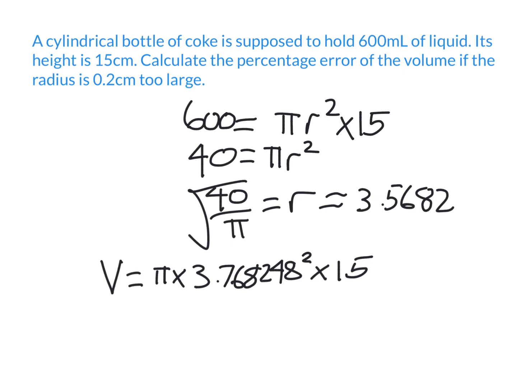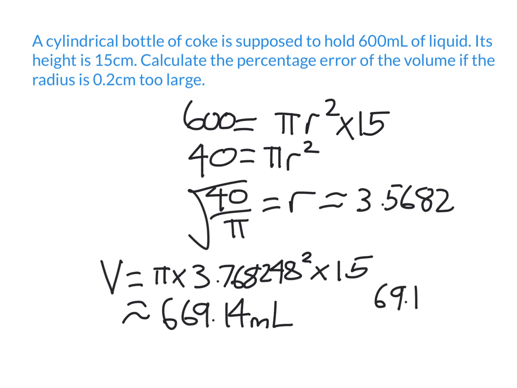I add 0.2 to this, so answer plus 0.2, then I square this number. That takes away any rounding errors. Then times by 15 and times by pi, I get about 669.14 mils. So if the radius was 0.2 centimeters too large, we'd actually have an extra 69.14 mils.